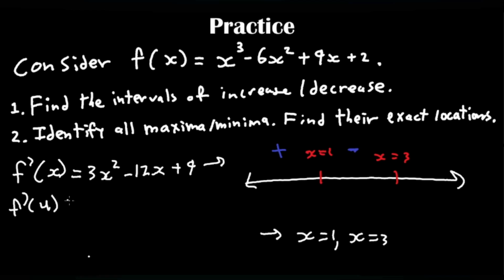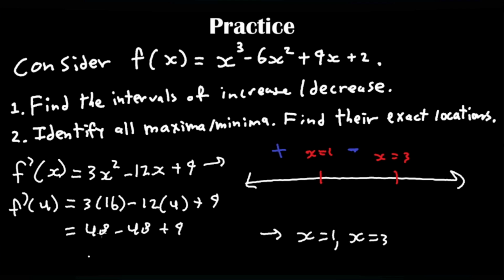F prime of 4 is 3 times 4 squared, that's just 48, minus 12 times 4, which is also 48, plus 9. These 48s will cancel, we just get 9. So this means that our first derivative is positive for x values greater than 3.